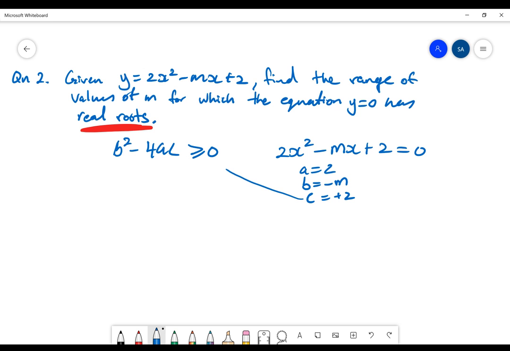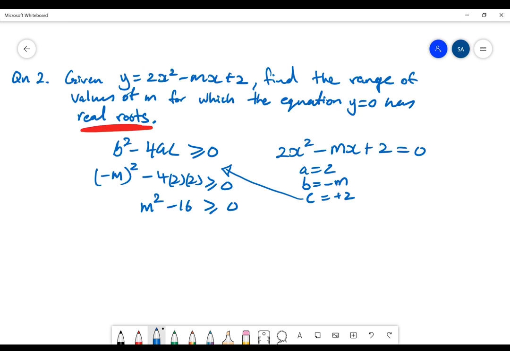Now input this over here, and you will get minus m whole thing squared minus 4 times 2 times 2, greater or equal to 0. This will end up with m squared minus 16 greater or equal to 0.